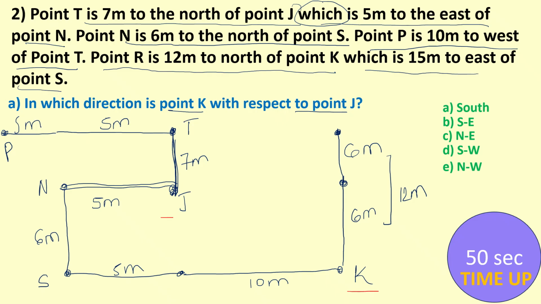So here you will draw the map and look at the first element, that is K. Which direction is this? This is the southeast direction, because this is south, this is east. Understood? So K is in the southeast direction. So option B, southeast, is the correct option.